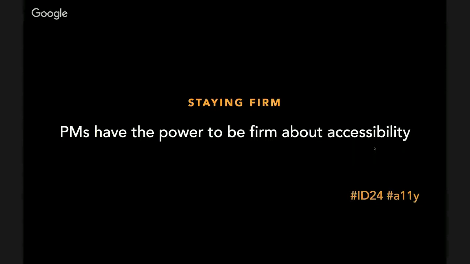Then when the rubber hits the road and we're in the middle of the actual designing and developing of the thing, I can be very firm about the fact that we can't let accessibility slide.